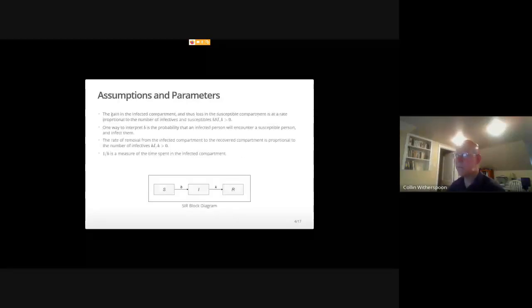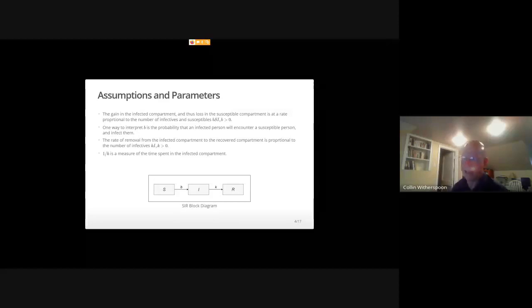So, some assumptions and parameters to actually build this model. The gain in the infected compartment, and thus the loss from the susceptible compartment, is assumed to be at a rate proportional to the number of infectives and susceptibles, or B times S times I, where B is some value greater than 0.